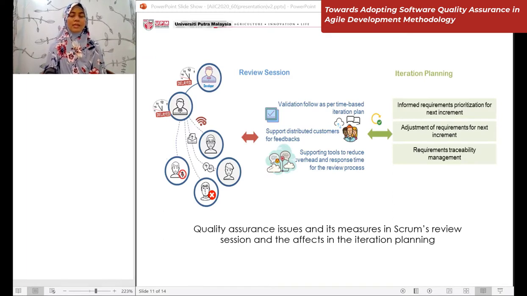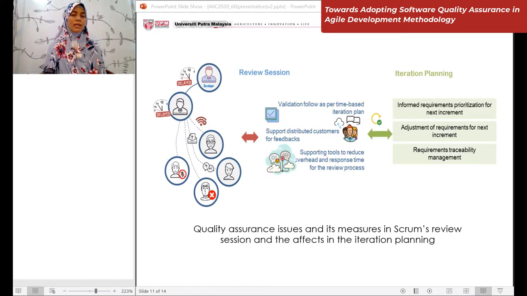And for the second measure, if we ensure that the communication medium is appropriate, we can support the distributed customers to give feedback. And for the third measure, by using appropriate, suitable supporting tools, perhaps we can reduce overhead and response time for the review process.